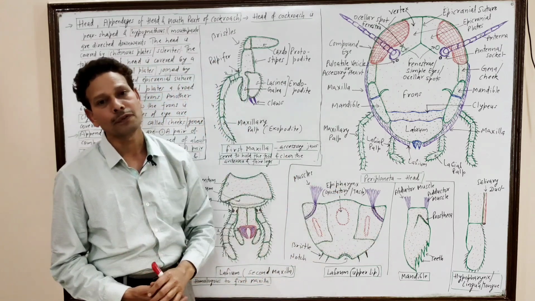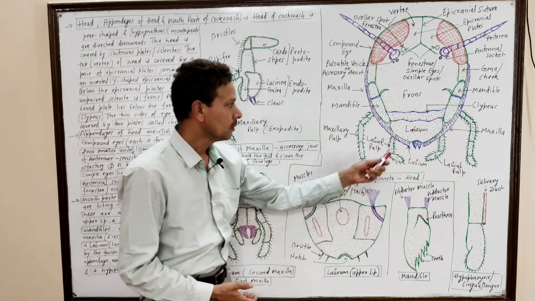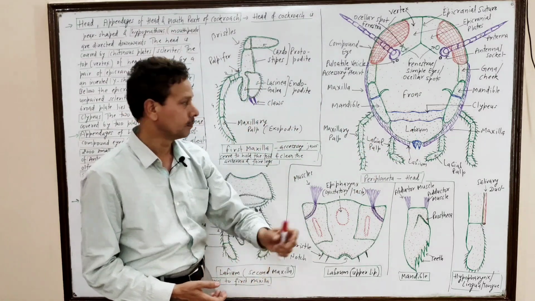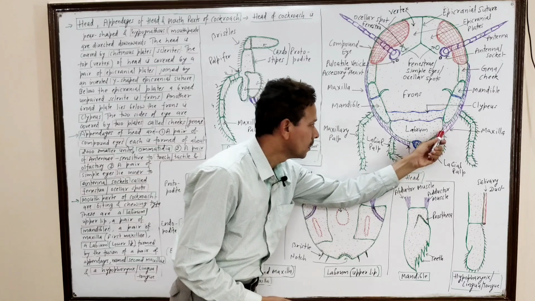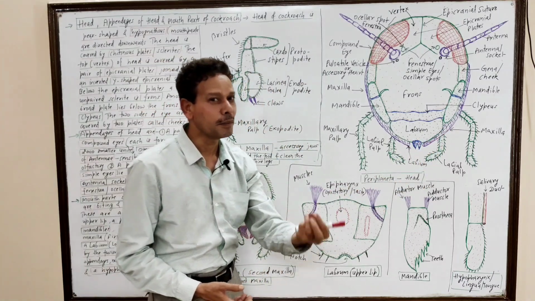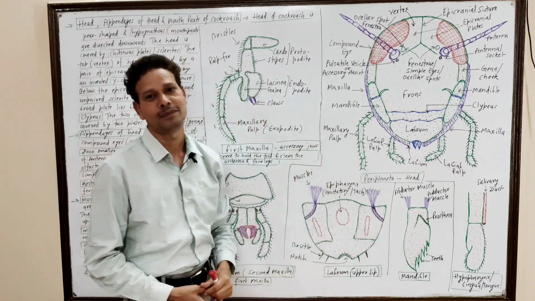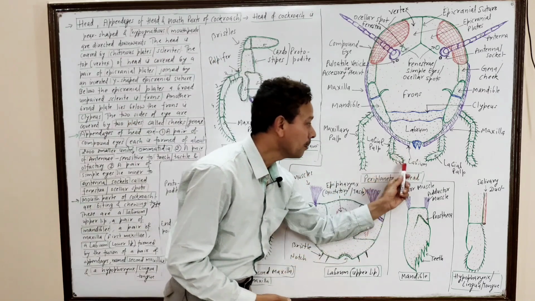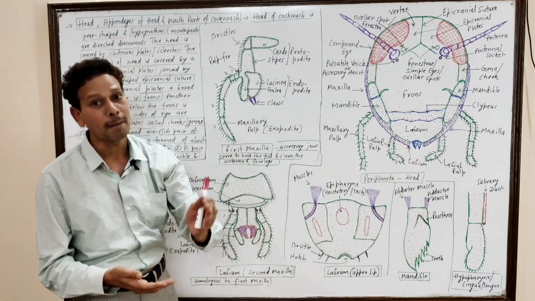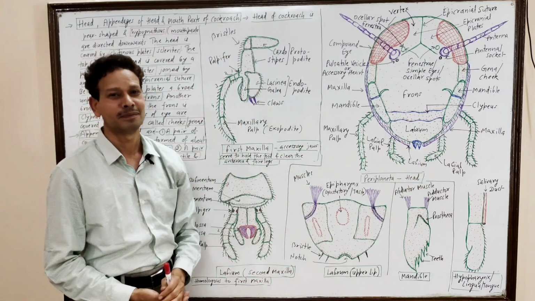Another part of the mouth parts of cockroach: the first one is labrum, it is upper lip. Then this is the labium, and this labium acts as lower lip, and this labium is formed by the fusion of a pair of appendages.